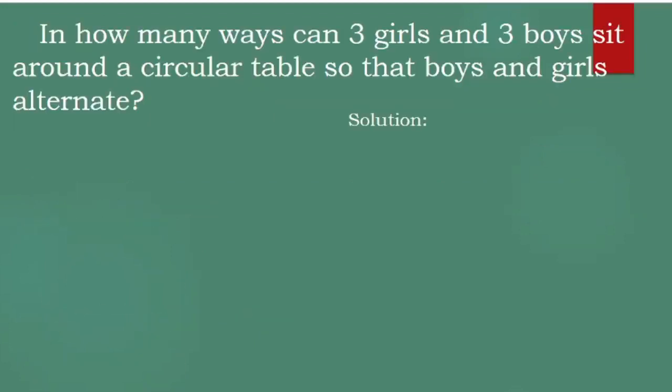Okay, so in this given example, class, in how many ways can 3 girls and 3 boys sit around a circular table so that boys and girls alternate? They have the condition here: boys and girls should be in alternate positions.